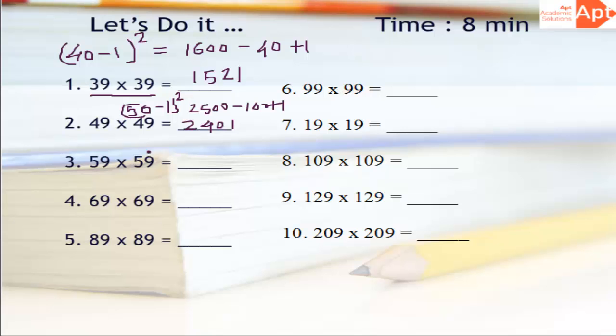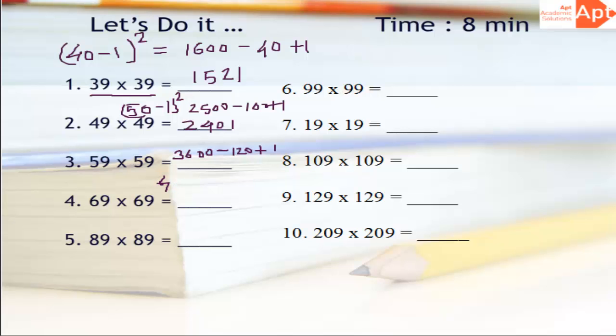Similarly for 59 into 59, what we have to do, 60 square first of all we have to find. Okay, that is 3600 minus 120 plus 1. Okay, similarly for 69 into 69, what we have to do, that is 70 square.